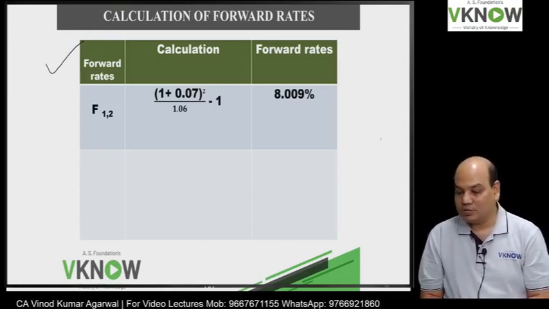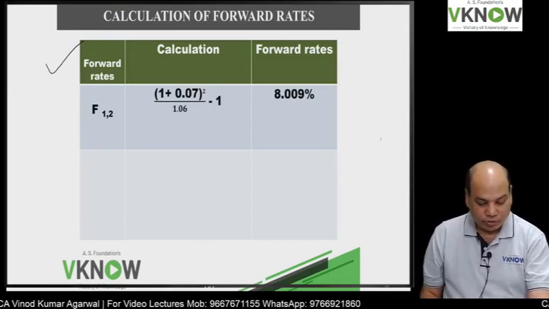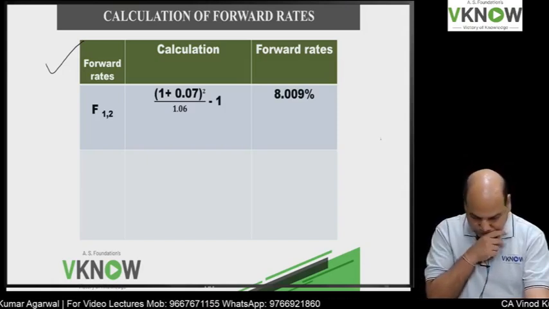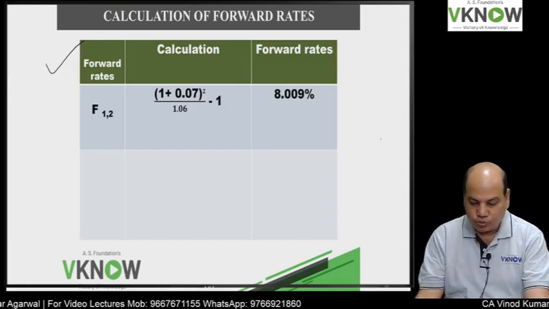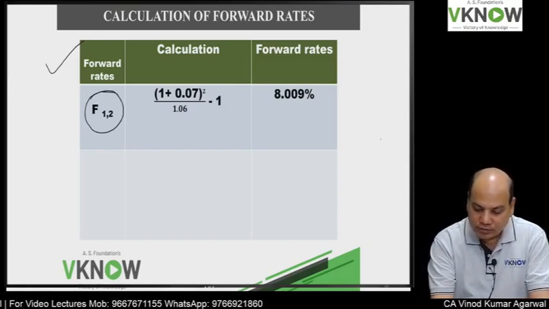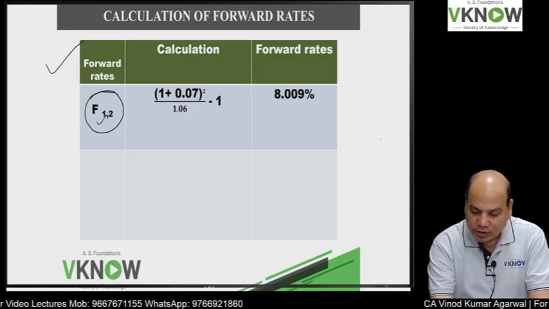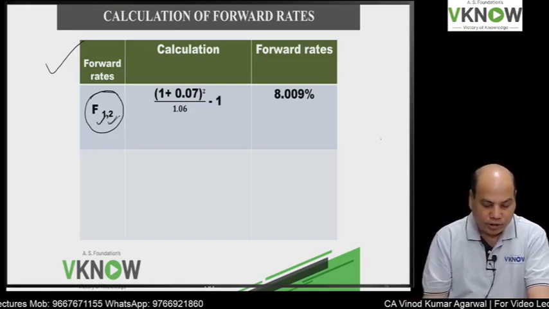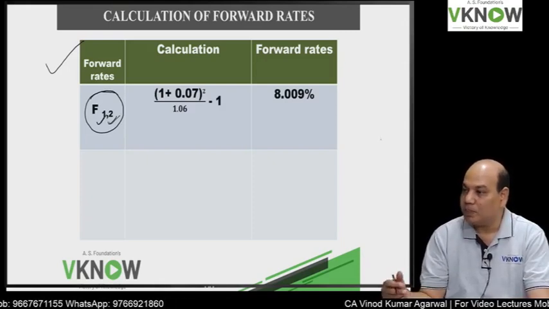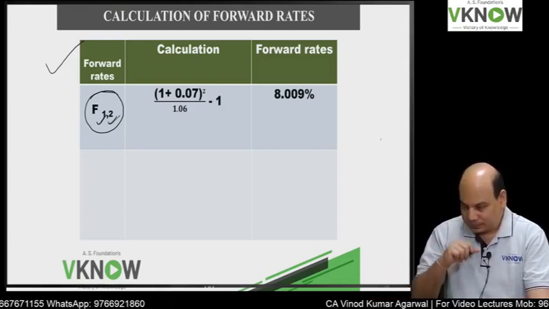Now draw one table. F12 means the forward rate for the second year. What will be the interest rate after 1 year for a period of 1 year?